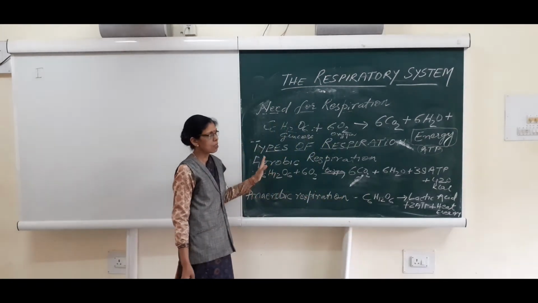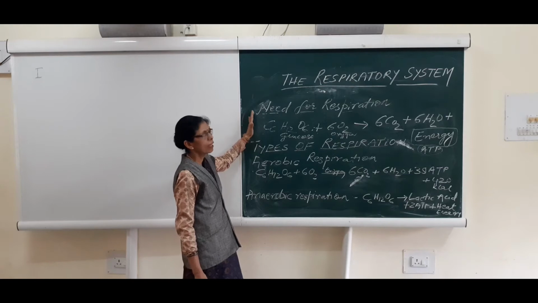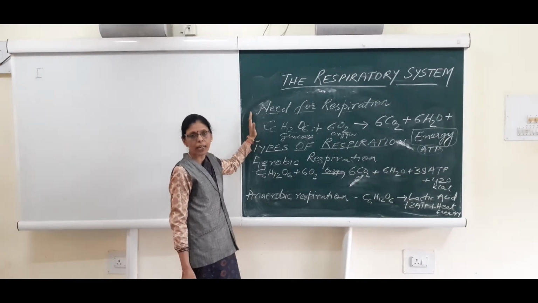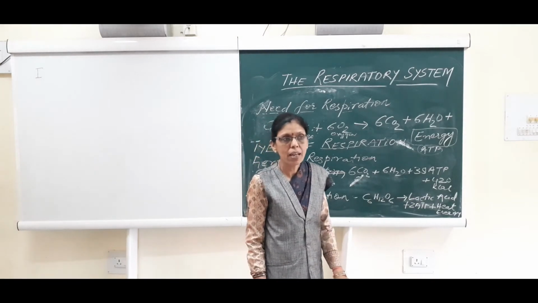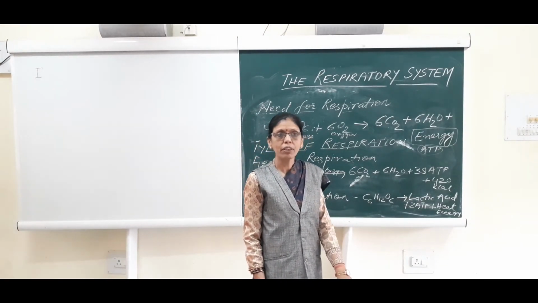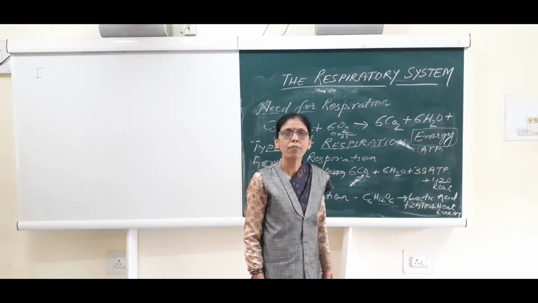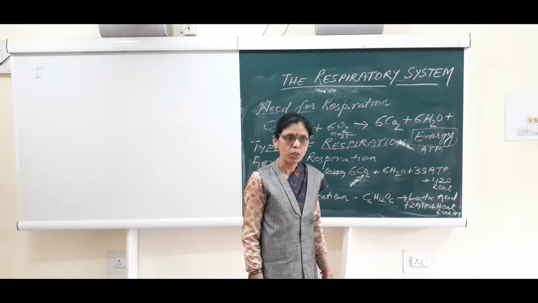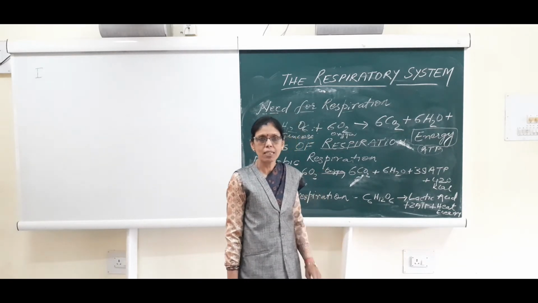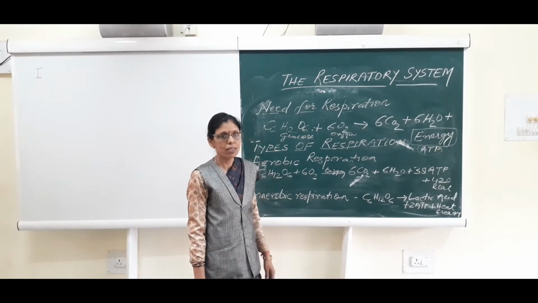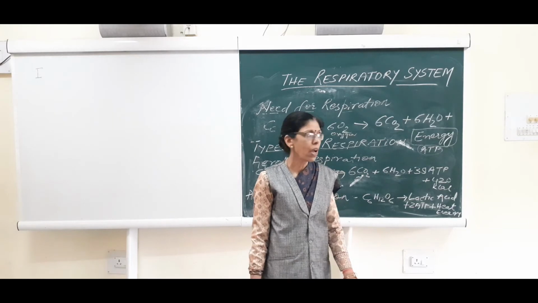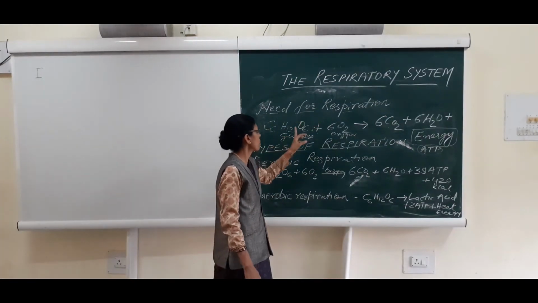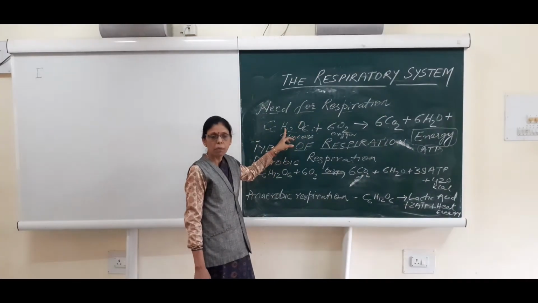Besides this, you must know that plants also carry out the process of respiration. Only a bit of difference is there, as well as there is a difference between respiration and photosynthesis. The major difference between respiration and photosynthesis is that photosynthesis is manufacture of food, whereas respiration is breakdown of simple food.